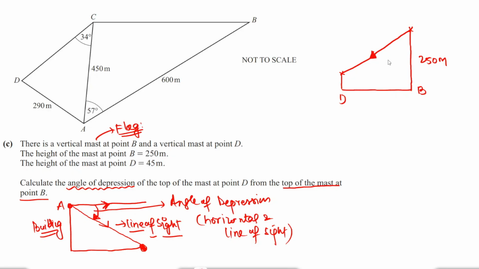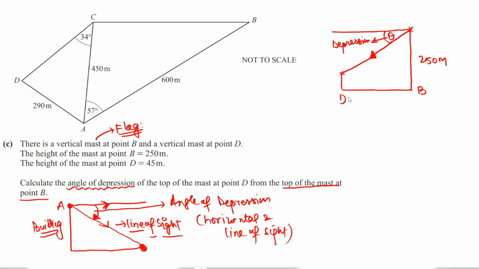This is our line of sight. And we always need to draw a horizontal line. That is very, very important. So this is the horizontal line, and this is the theta, which is called the angle of depression for this specific diagram.